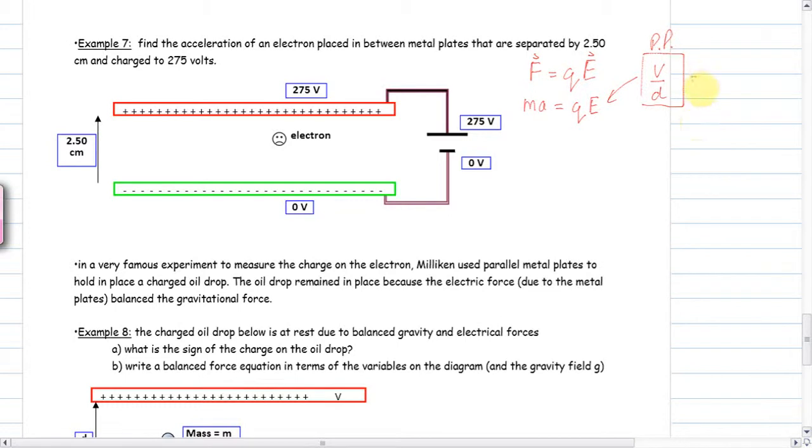So the E field inside these parallel plates is 275 volts over the separation of 0.025. The E field in between these two plates is 11,000 newtons per coulomb, or volts per meter, whatever you want. I like newtons per coulomb.